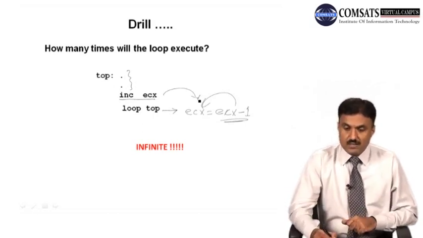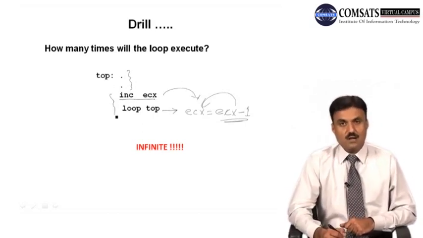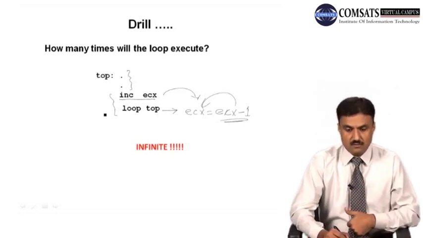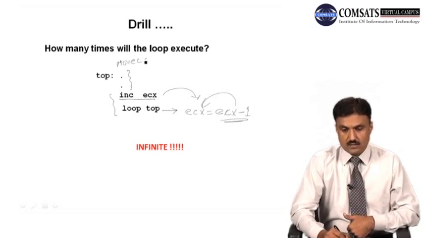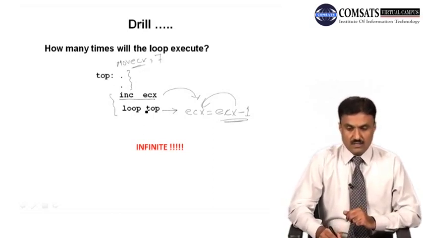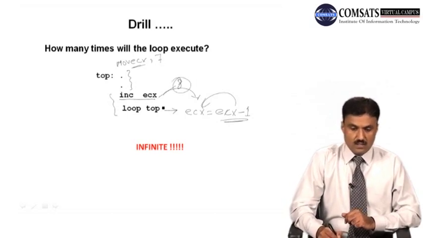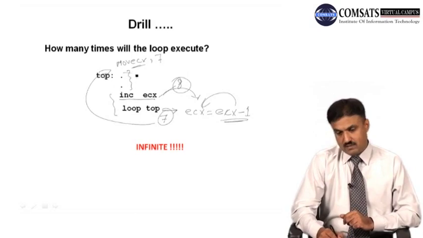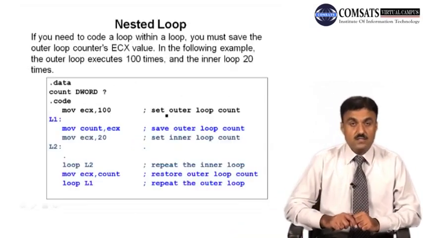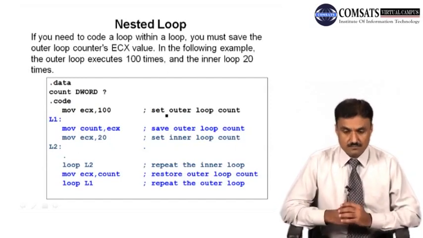So ECX will remain the same, because we are incrementing before and then we are decrementing. Here, for example, move ECX comma 7. It will always remain 7 because here we increment, it will become 8. Here we decrement, it will become 7. Then we will jump. It is 7, then it will become 8, and then again 7, and so on. So just try to avoid these.